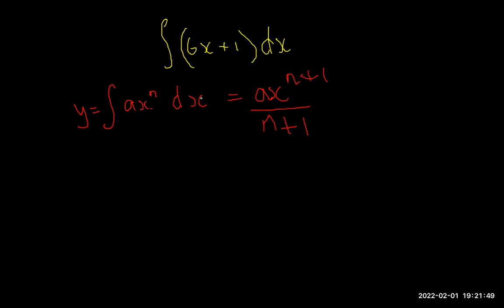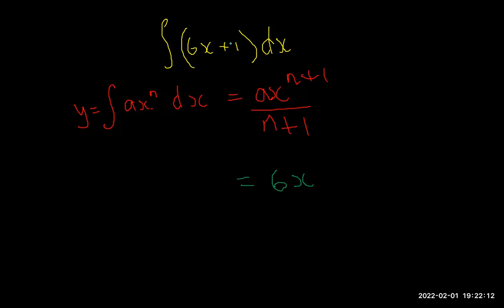So I said I'm integrating 6x and then I'll integrate 1. Let me integrate 6x first. Following my rule, this is 6x. It's understood that the power here is 1, right? Because when we did indices, we said anything raised to the power of 1 is itself.